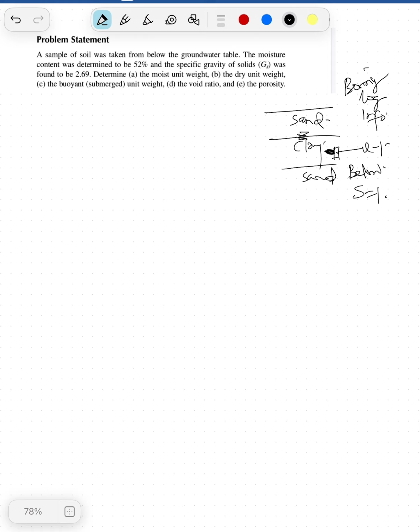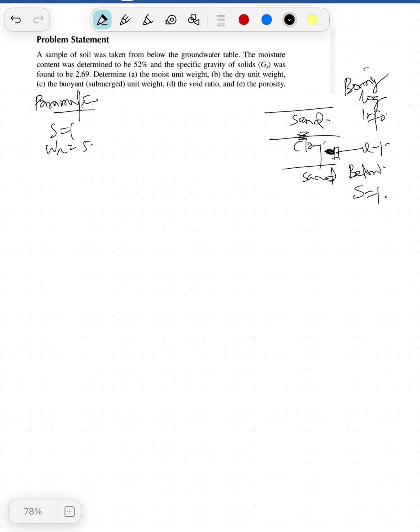We assume that the void space has been filled up with water. In a real lab test it may be about 98%, 97.5%, but for this purpose we usually assume it's fully saturated. Even though it's not stated, S equals 1 because the sample was obtained below the groundwater table.